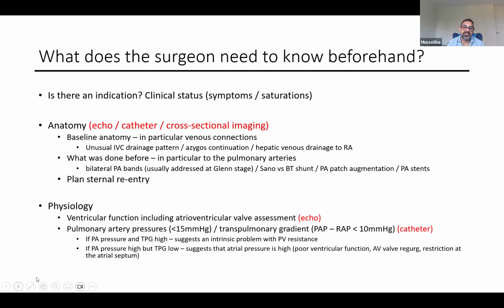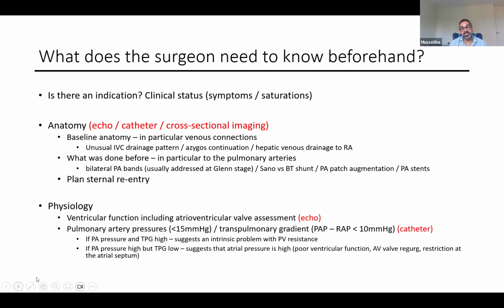Because if the PA pressure is high and the TPG is high, it suggests that there's an intrinsic problem with pulmonary vascular resistance. Whereas if the PA pressure is high but the transpulmonary gradient is low, it suggests that the atrial pressure is high, and therefore is this a surrogate for poor ventricular function? Is there regurgitation through the AV valve, or is there restriction at the level of the atrial septum?